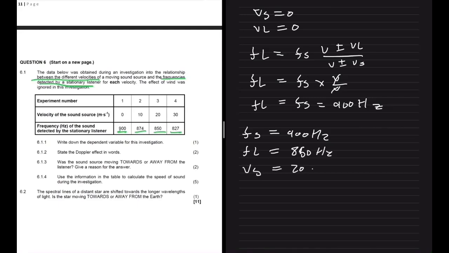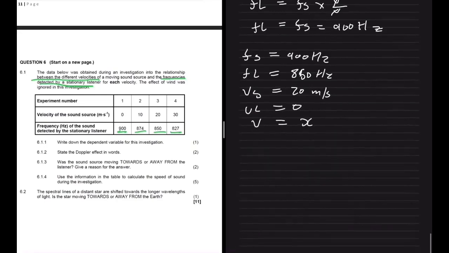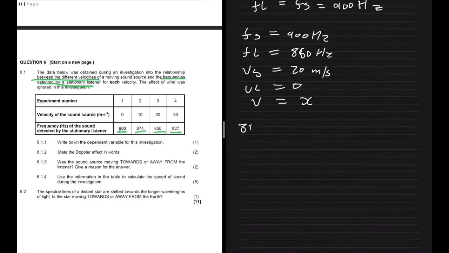Vs is 20 meters per second, we're given that, and VL equals 0. V is our unknown. So let's plug that into the equation: 850 equals 900 multiplied by V plus or minus 0, divided by V plus 20. I mean we use a plus because the source is moving away.